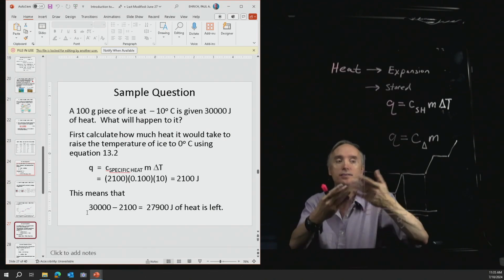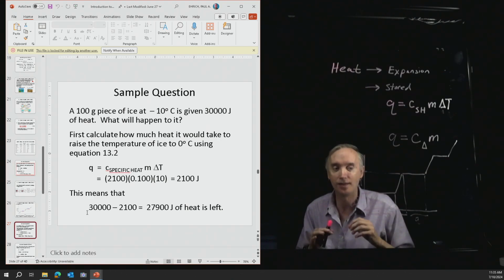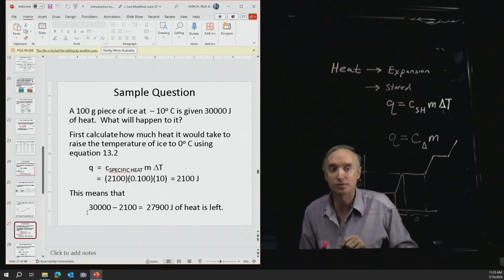But how much heat did we have to work with? We had 30,000 joules of heat. So that means we still have 27,900 joules of heat left over. What do you think that heat is going to do? Well, that heat is now going to start working on melting the ice.